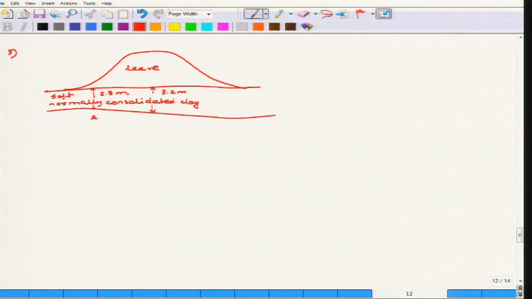This is point A, this is point B. Here you construct another, and this is 4 meter, this is C, then 4.4 meter, this is D, and this is 5 meter, this is E. Now you have the soil profiles at points A, B, C, D, E. Since you know the depth of normally consolidated clay at each of these points, you join them and you get an approximate soil profile.